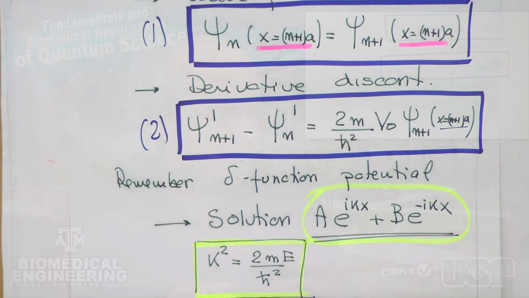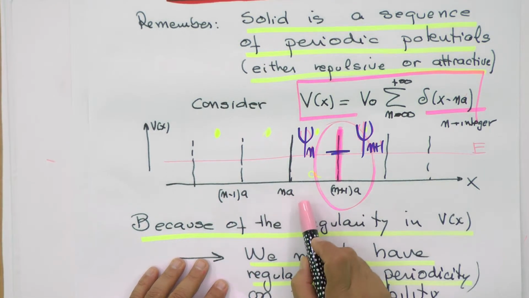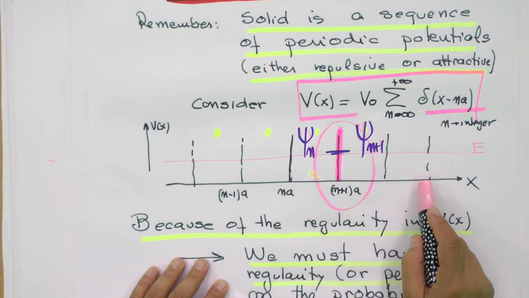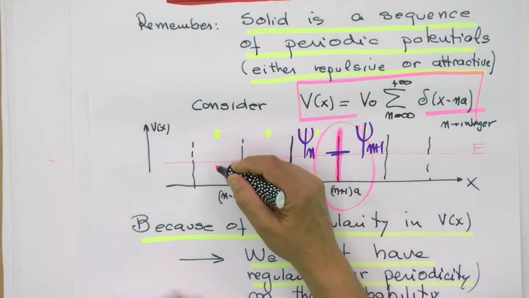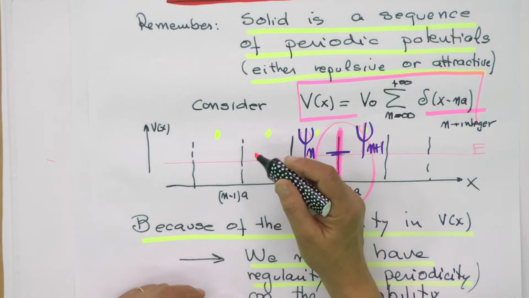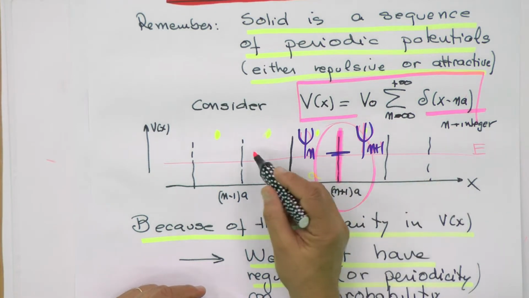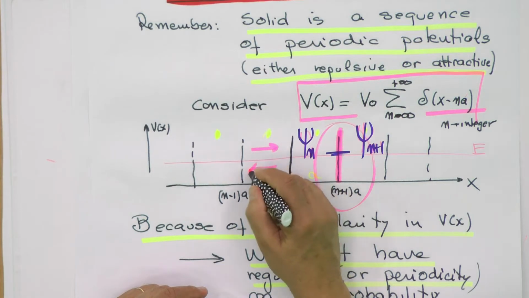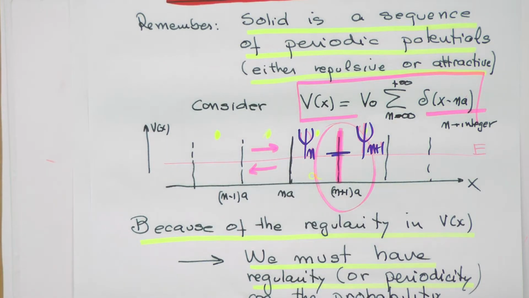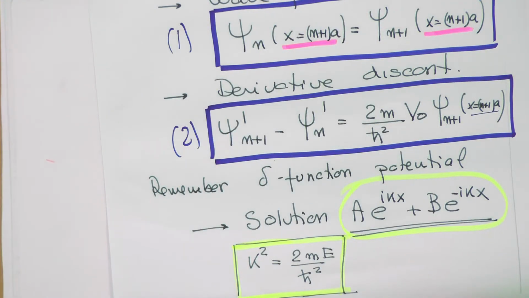But for our case, anywhere x is different from any a where the delta function is located, I have for each of these spaces a combination of e to the ikx plus b e to the minus ikx, which represents a flux going that way and a flux coming that way. So in each position I have to have a sum of those two terms as a solution.